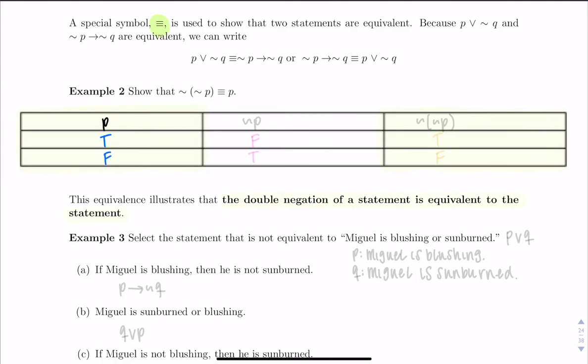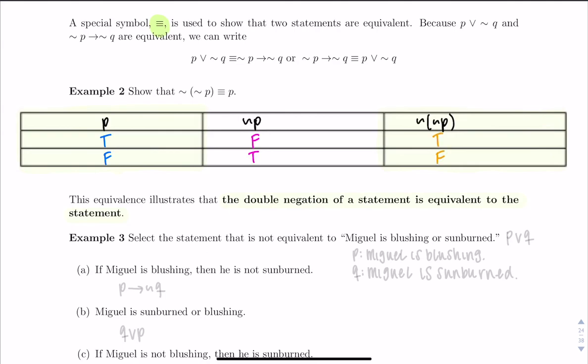Let's just do the regular old negation of P first before doing the double negation. That just flips the truth values. Then doing the double negation, you're now negating the second column, and so we go back to true and then false.